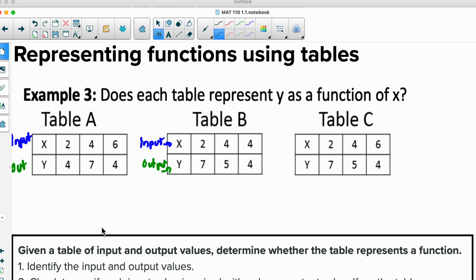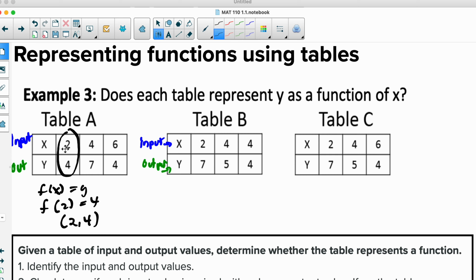All right. So again, if it helps you to write them in ordered pairs, go ahead and do that. So if I look at this first one here, I can say f of x equals y. So I can translate all these into ordered pairs, or I could write them in function notation, f of 2 is equal to 4, or that is 2, 4. I can write it as an ordered pair.